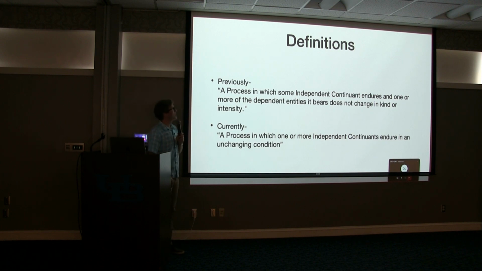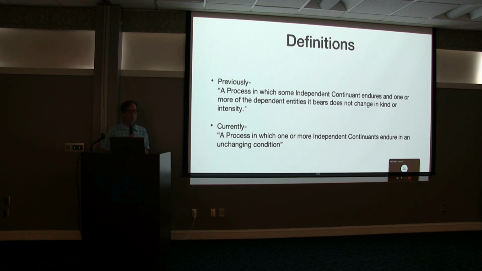So, the original definition for stasis, maybe not the original, but the one that was used for quite a while: a process in which some independent continuant endures and one or more of the dependent entities it bears does not change in kind or intensity.